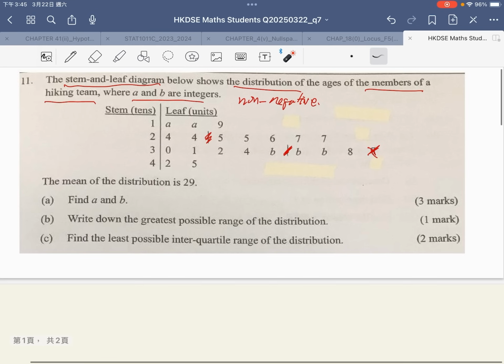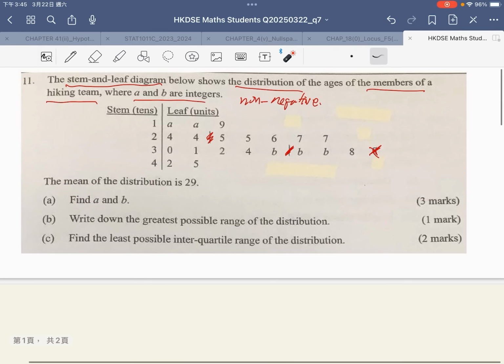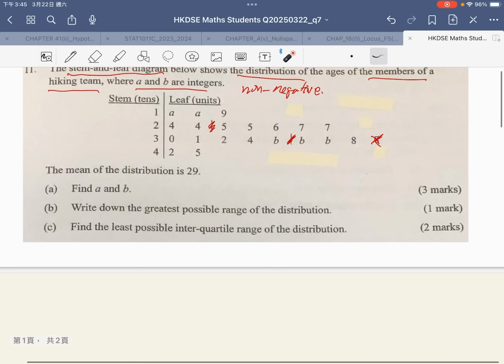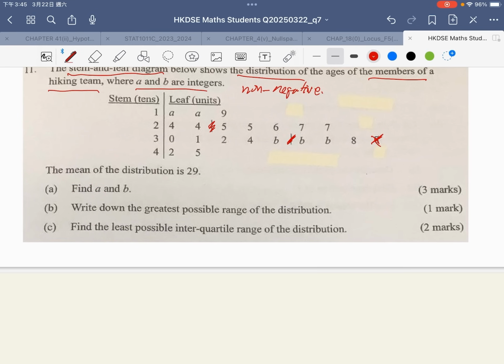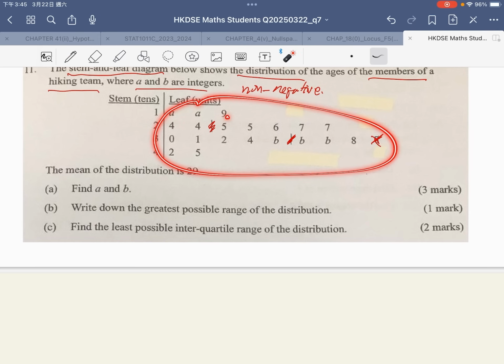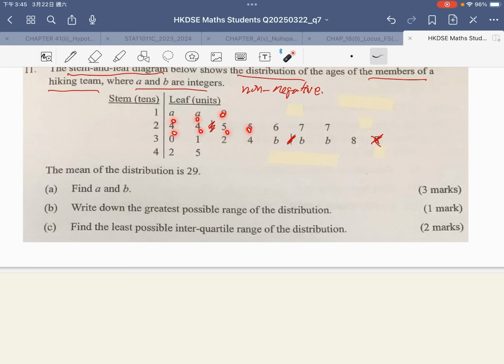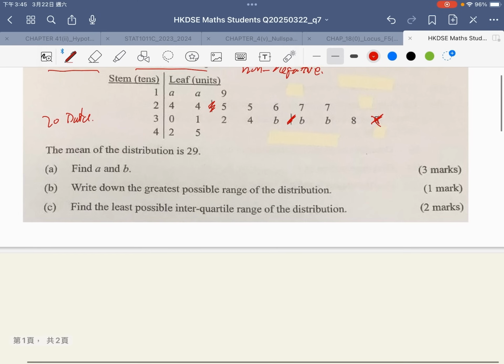Okay. And then the mean of the distribution is 29, and it means that the sum of all terms over the number of data, which is 20, is equal to 29.